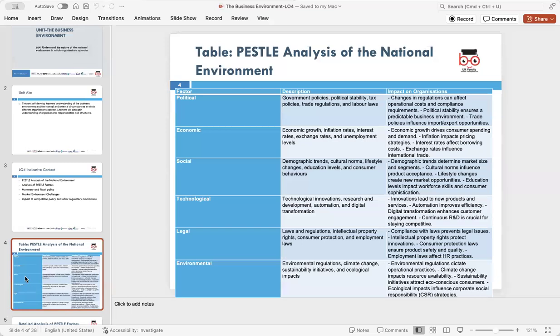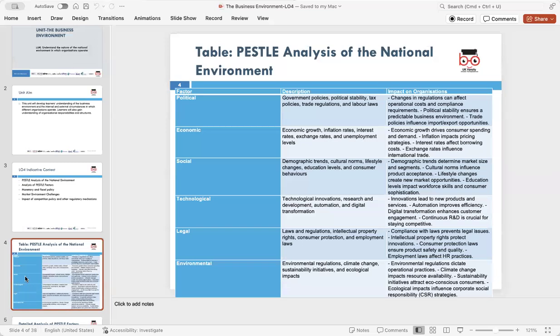Automation improves efficiency and reduces cost by streamlining processes and reducing reliance on manual labor. Digital transformation enhances consumer engagement by leveraging digital tools and platforms to create personalized experiences. Continuous investment in research and development is important for innovation and long-term growth.